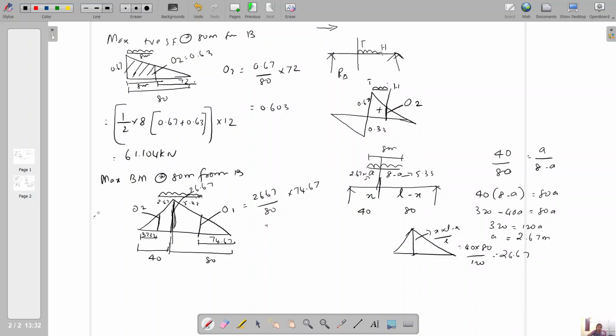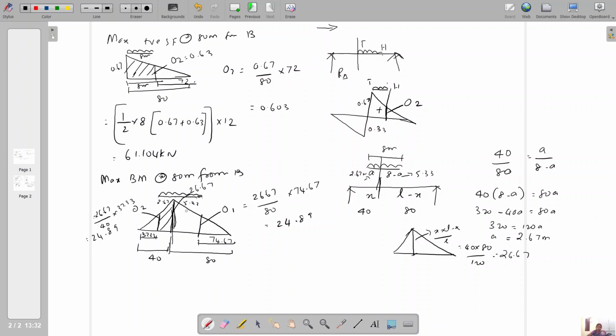Similarly, here 26.67 by 40 into 37.33, okay, 26.67 into 37.33 by 40. We will get both the ordinates as 24.89.